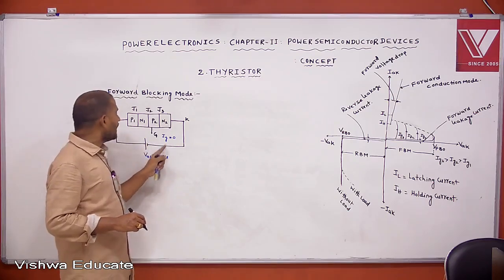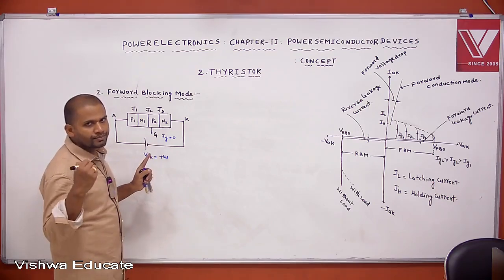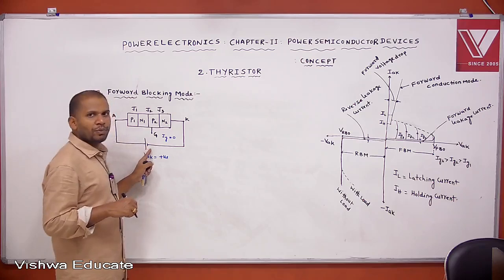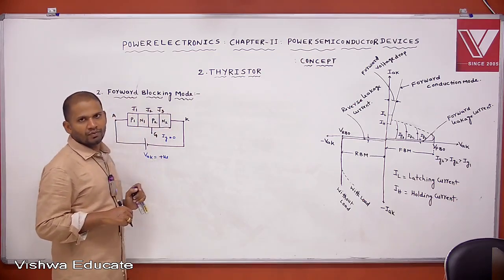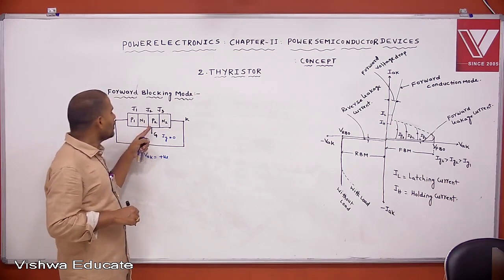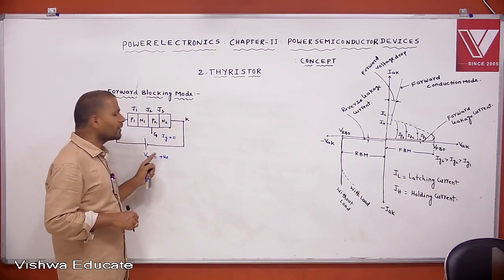Negative plate is connected to N2. Because the negative plate is connected to N2, the majority carriers in the N2 layer are electrons. All these electrons are repelled from the negative plate, crossing the J3 junction. Then J3 is forward bias. But what about J2? Because of this potential, these electrons are attracted to the positive plate and these holes are attracted to the negative plate.